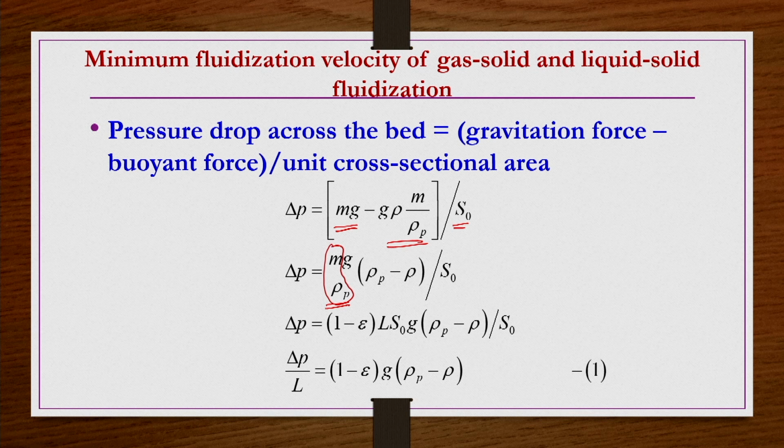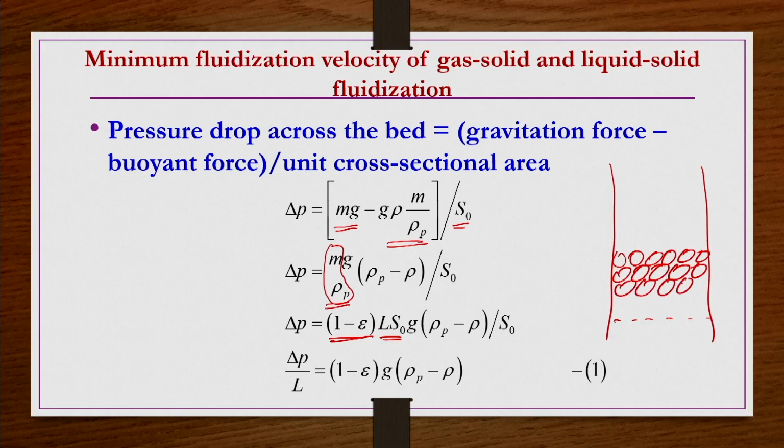That you can calculate by L S naught multiplied by 1 minus epsilon, because this is the initial bed that you are having. Let us say all this is packed conditions. If this is the initial packing height L and the cross section area of this bed is S naught, what is the total volume of the bed?